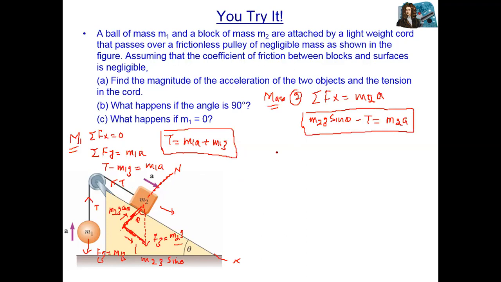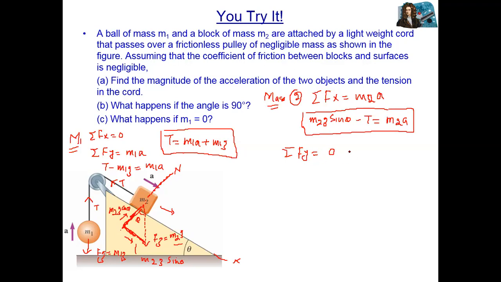Same, how many forces act on body number 2 along the y-axis? The sum of all forces along the y-axis is equal to 0 because there is no acceleration, there is no motion along the y-axis. So there are only two forces. One is normal upward and m2g cosine theta is downward.